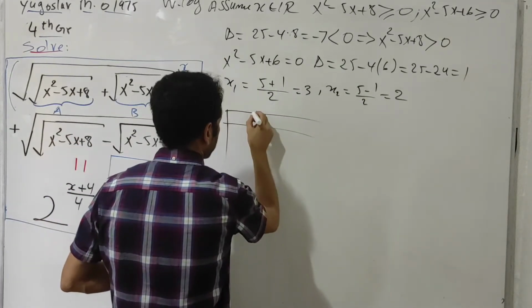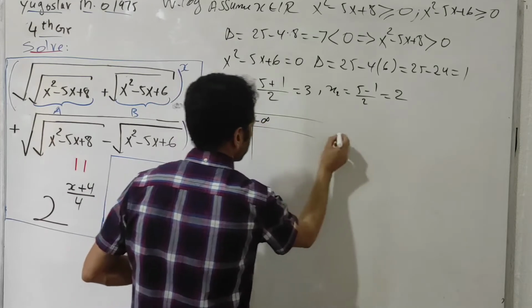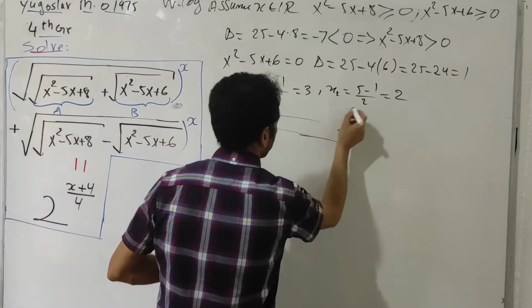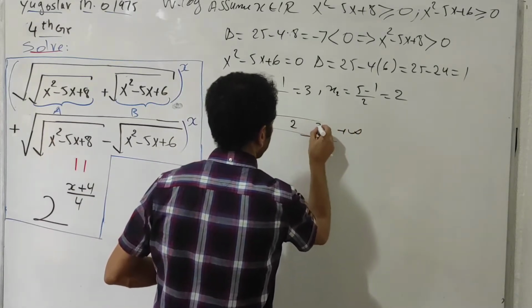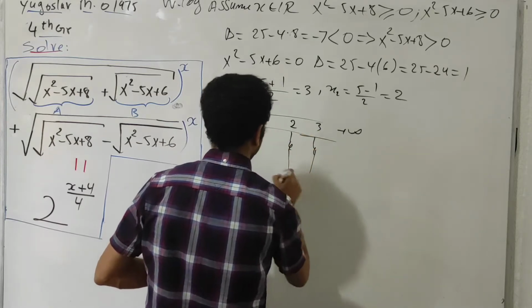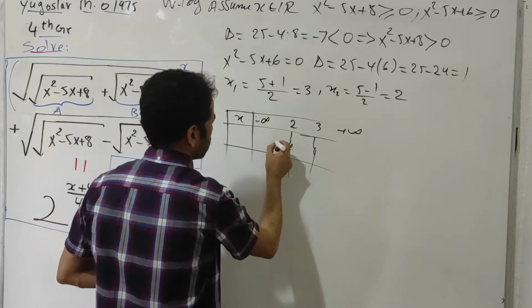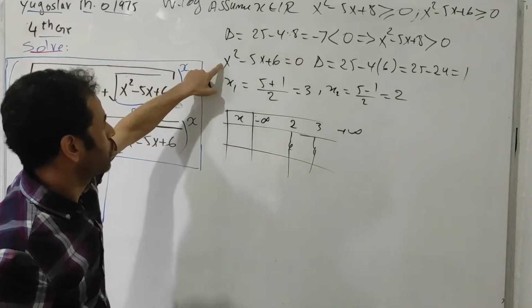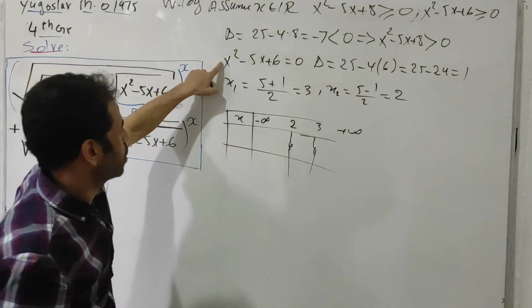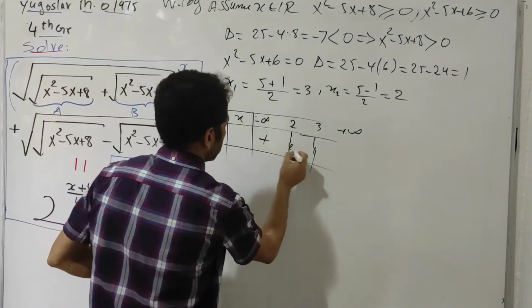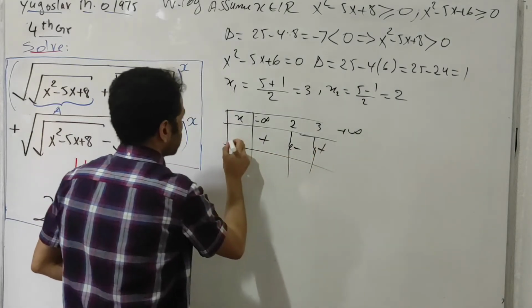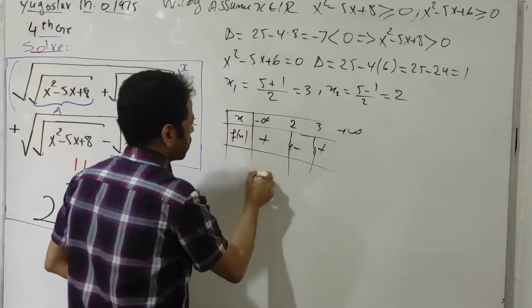Through the variation table, we'll have x from minus infinity to plus infinity. We'll have the roots 2 and 3 like this. We put the sign of the first coefficient a, which is plus, then minus, then plus, for f of x as a product.